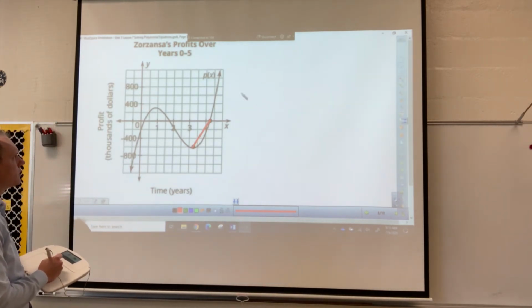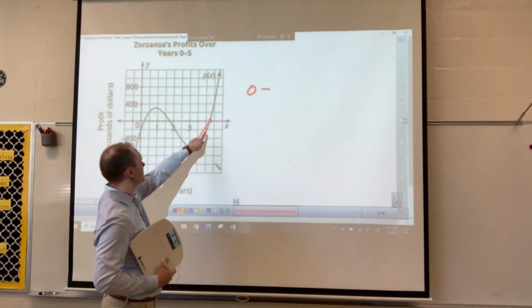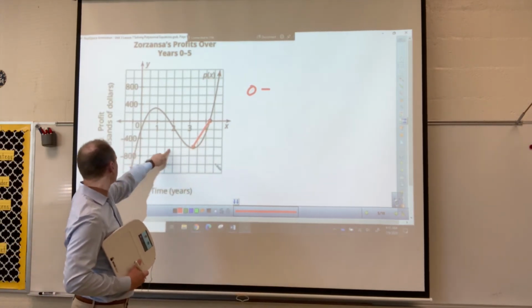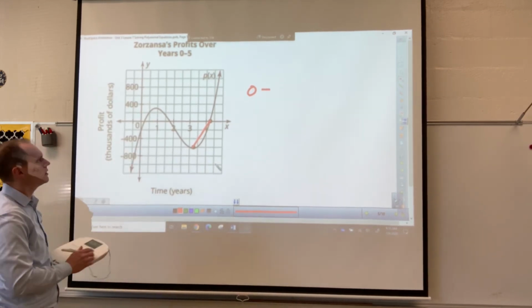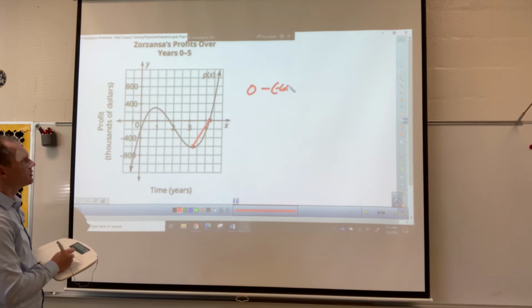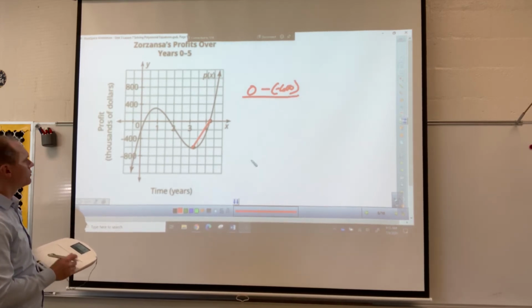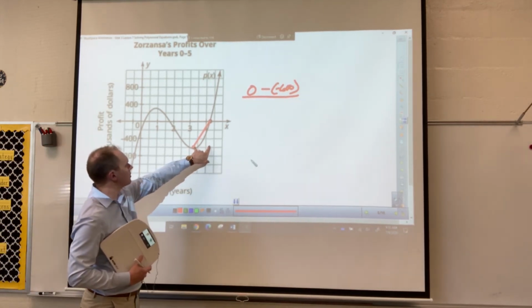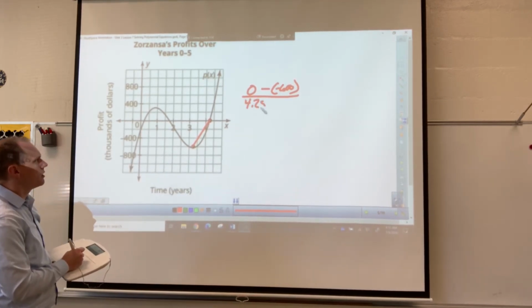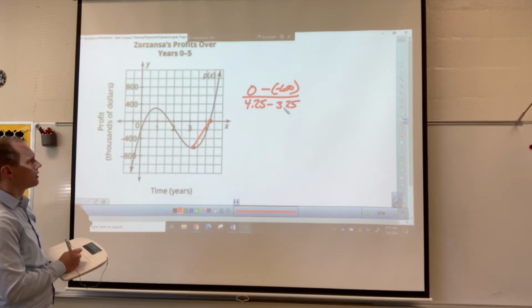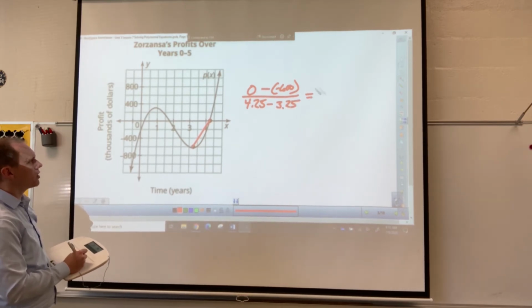So our change in profit would be 0, right, we have a profit of 0 here, minus, what was it before? This is 400, this is 800, this is negative 600. So negative 600 over the change in time, 4.25 minus 3.25, which gives us a change in profit of 600 divided by a change in time of 1.